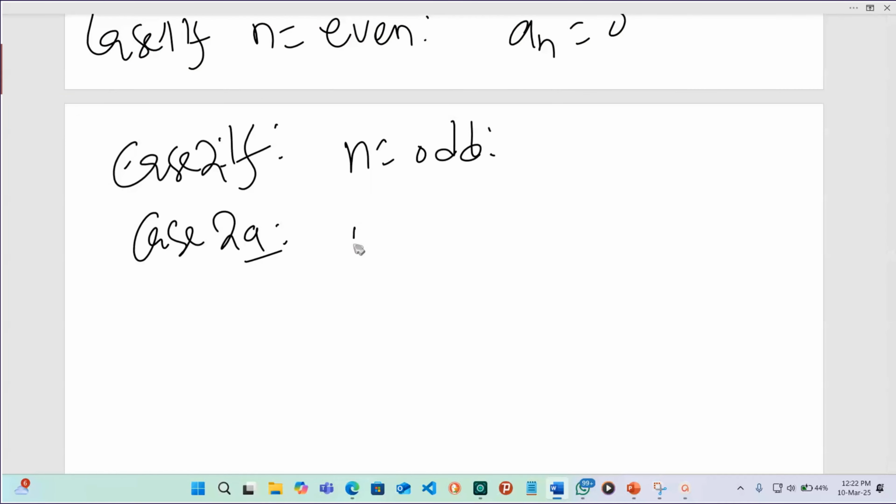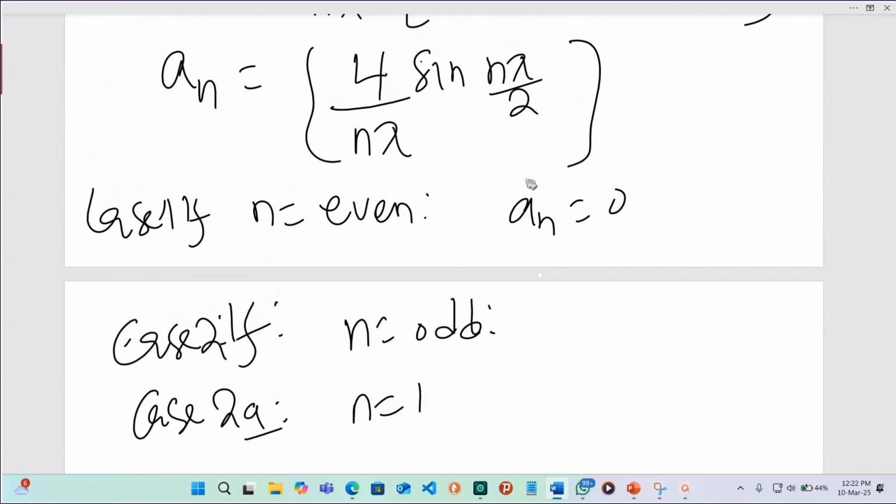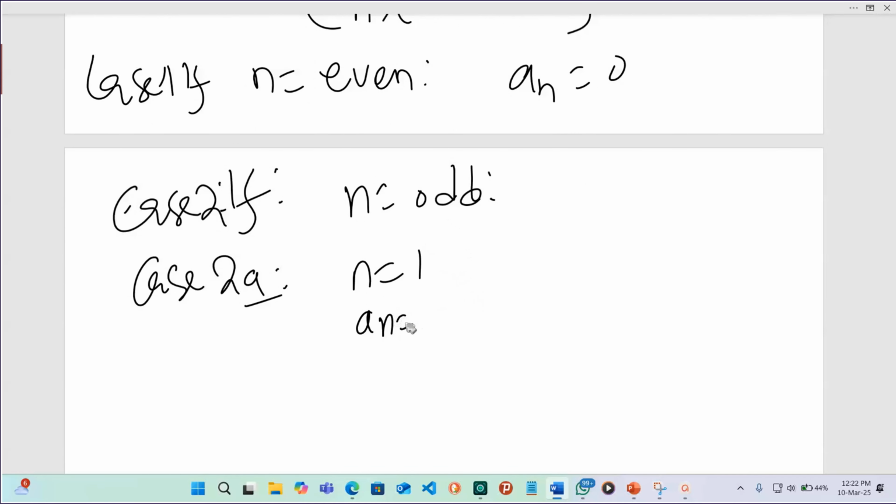Let us test. n is equal to 1. What is going to be a_n? We have 4 over π, then sin(π/2), that becomes 1. Then n is equal to 3: a_n is equal to negative 4 over π.